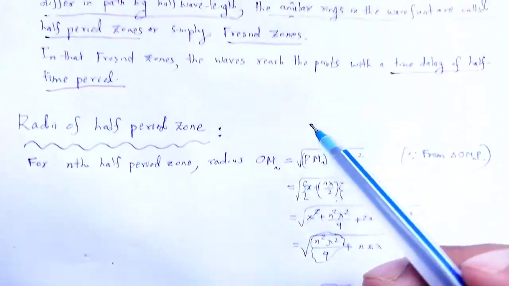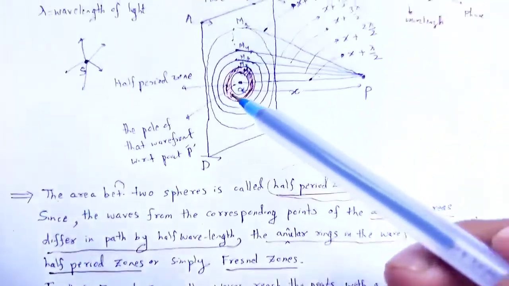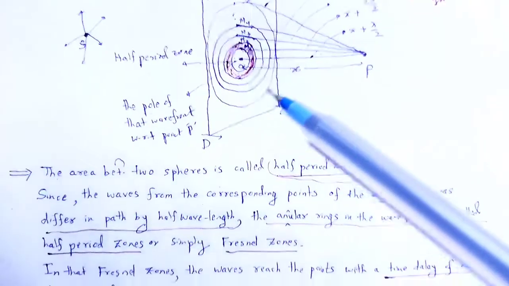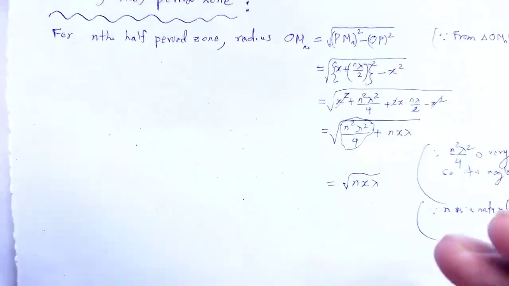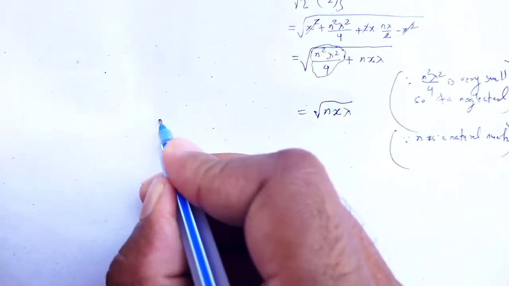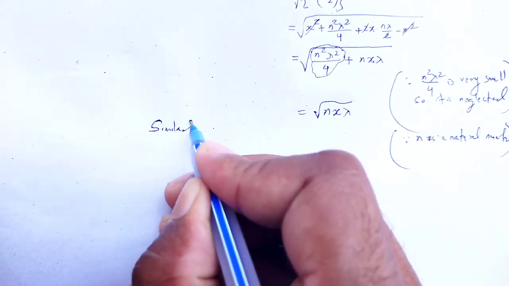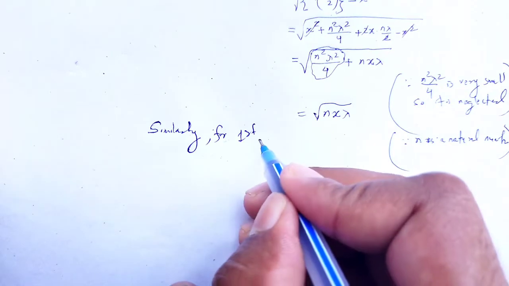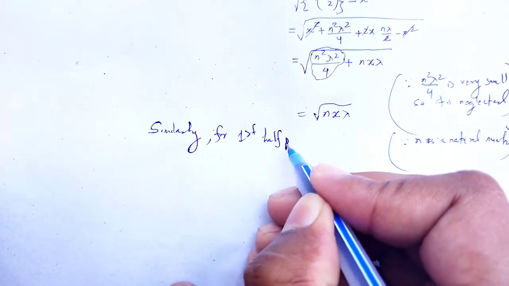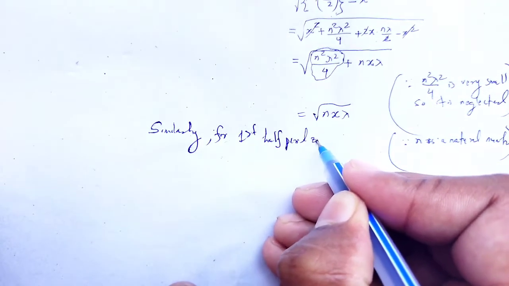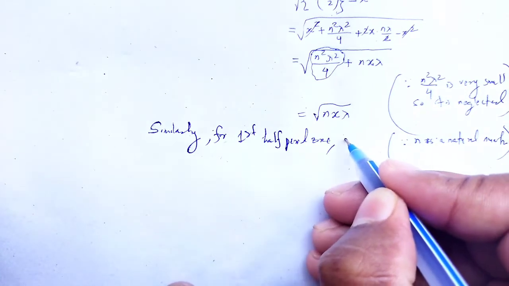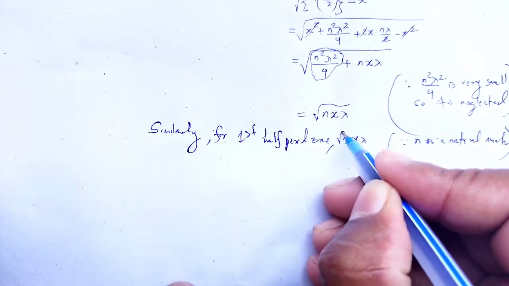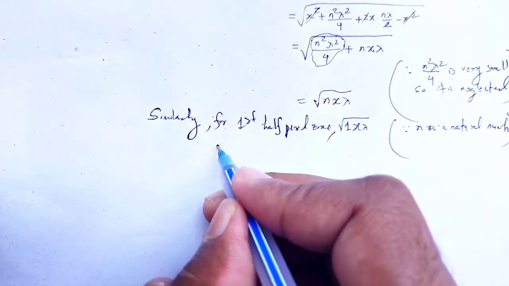This is the radius for nth half period zone. Similarly, for first half period zone, that is 1 x lambda under root.